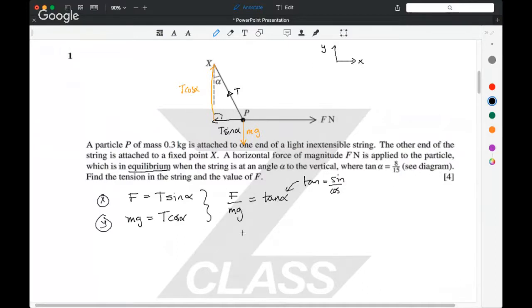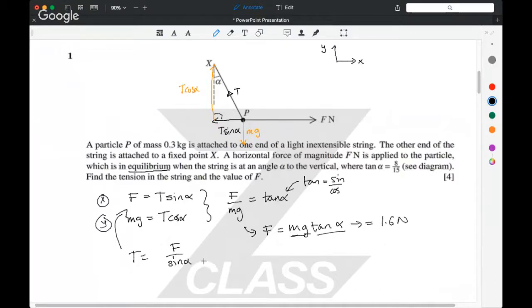Okay, so this means I can solve for F. So F must be equal to mg tan of alpha. And this is equal to 1.6 newtons, because we have m, we know what g is, always 10, and we're given the tan of alpha. Now we just have to plug it in over here, and we can get that T is equal to F over sine of alpha.